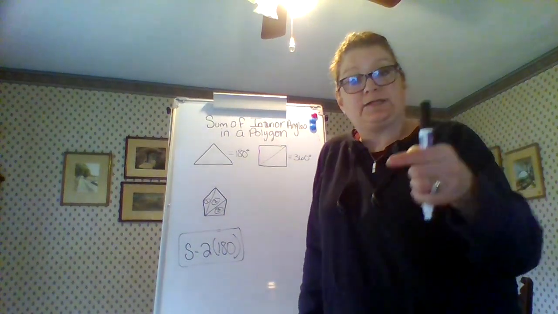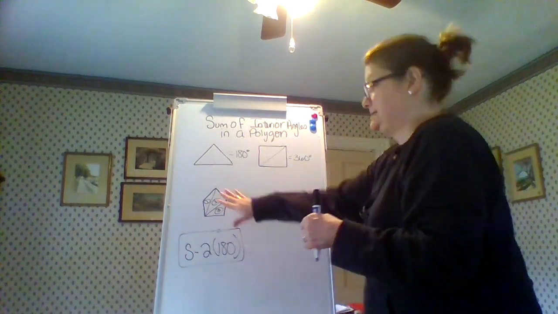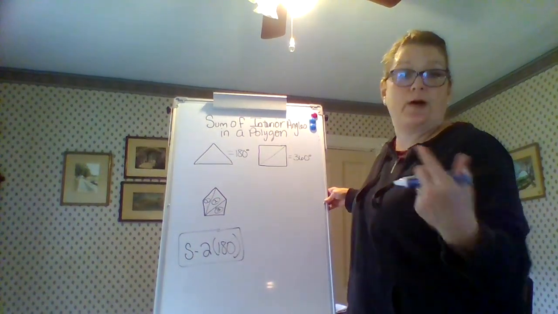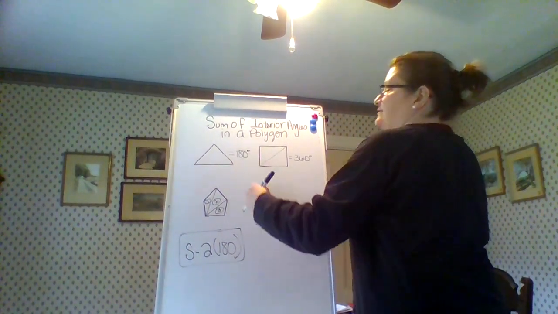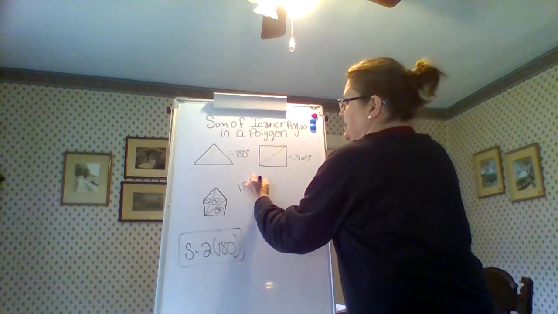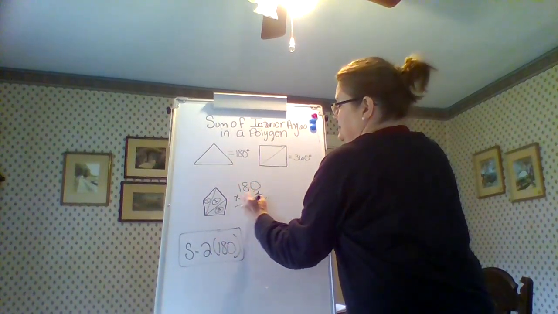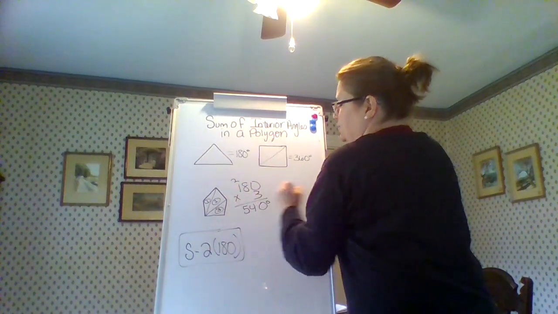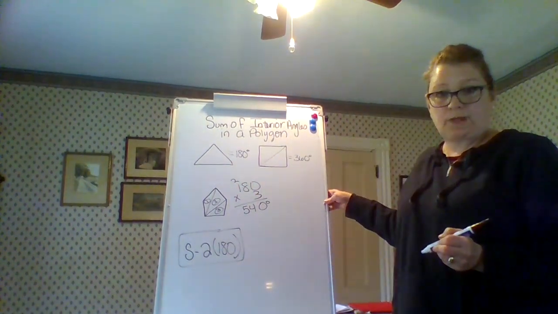So basically 180 times 3 is going to give me the sum of the angles inside that five-sided polygon. So 180 times 3 gives me 540 degrees. Okay?